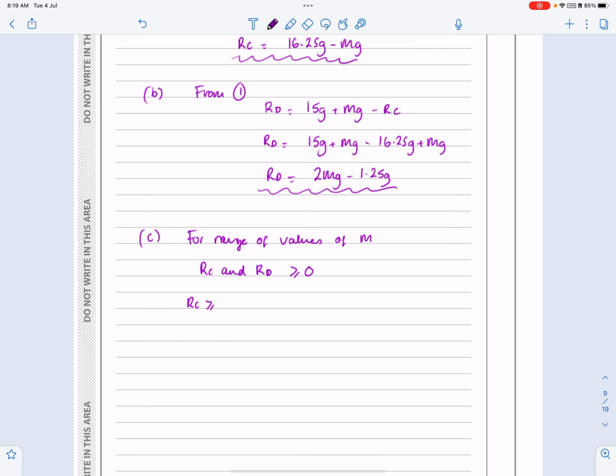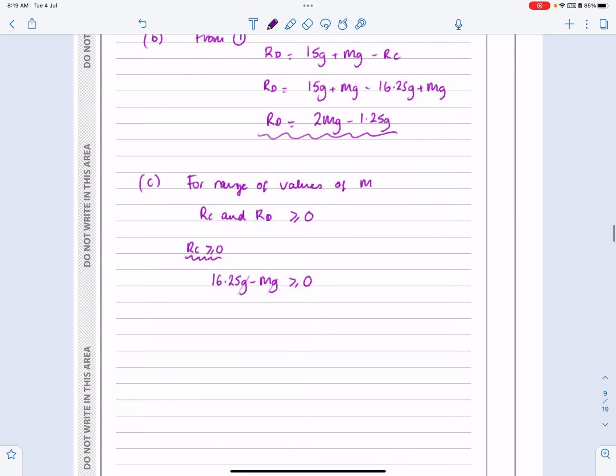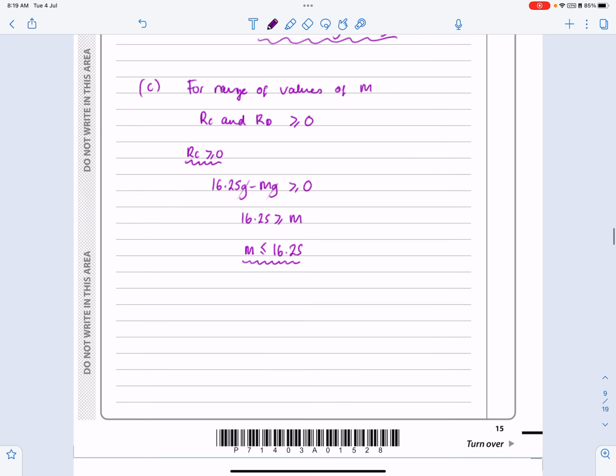So if RC is greater than or equal to naught, we get 16.25g minus mg is greater than or equal to naught. And obviously we can cancel the g's out there. Rearrange it, I'm going to get 16.25 is greater than or equal to m, or rather, to put it so it's nice and easy to understand, m has to be less than or equal to 16.25.